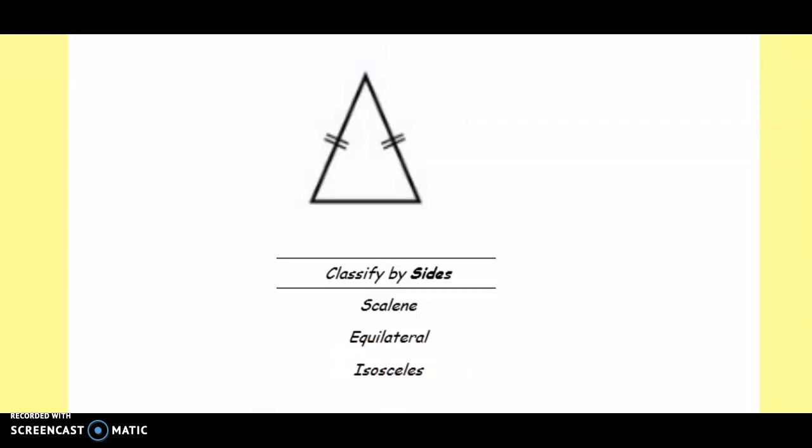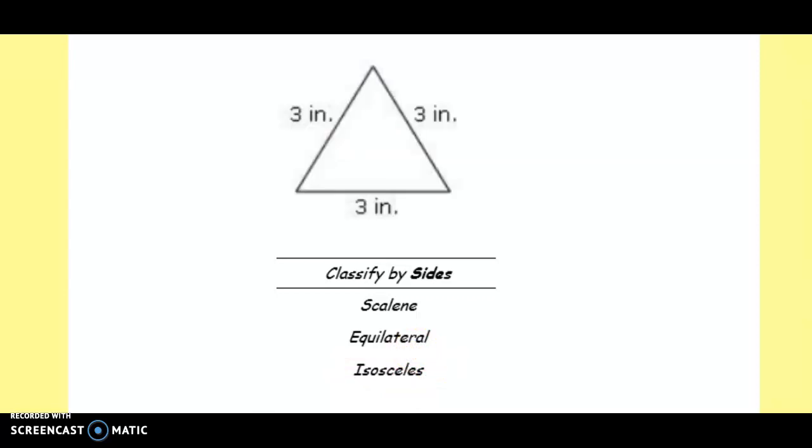Okay, this next one doesn't have any numbers, but we do notice these hash marks, and this is saying that this side is equal to this side in that triangle. So we've got two the same, isosceles. 3, 3, and 3, so we've got all three sides the exact same measurement. They're all equal, or equilateral.